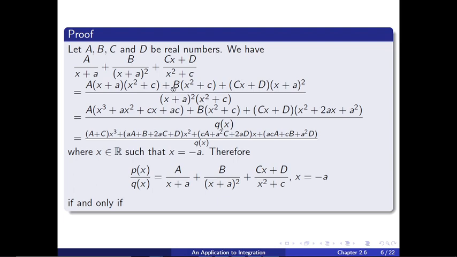And we do the same for b, and the denominator for b was (x plus a) squared, so we are left with this part, so we multiply by that. And then plus cx plus d, its denominator was x squared plus c, so we have to multiply by the whole of that, so that's how we get that.